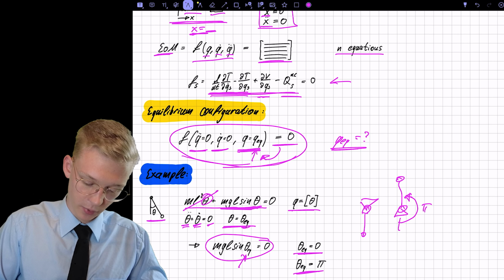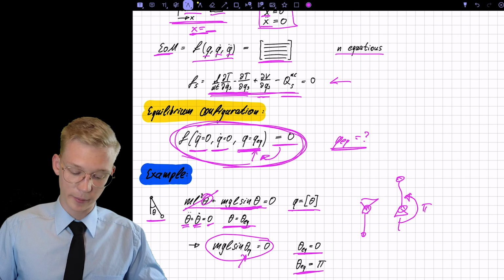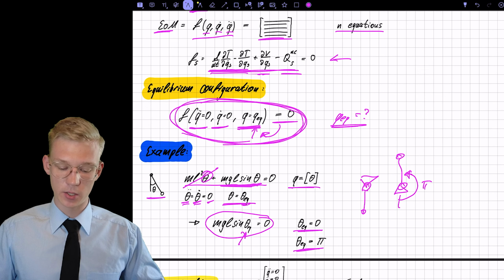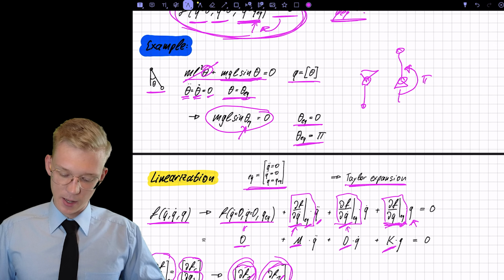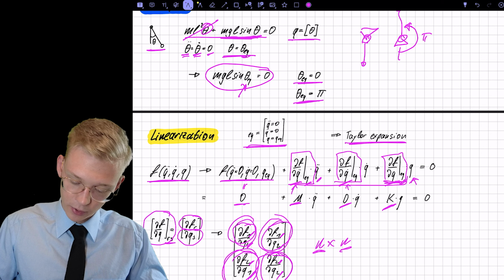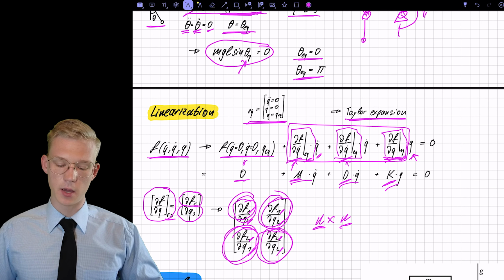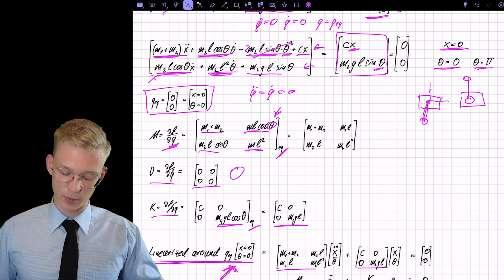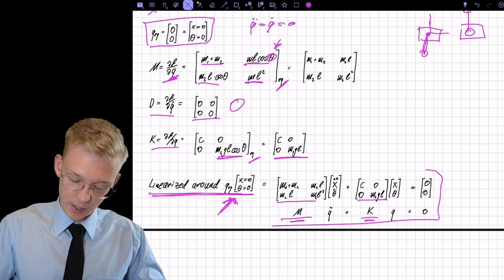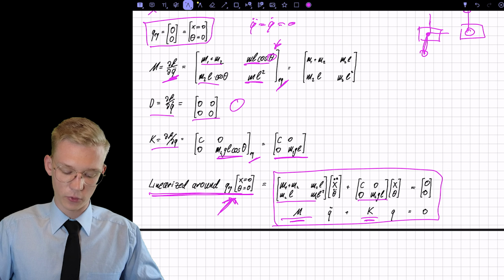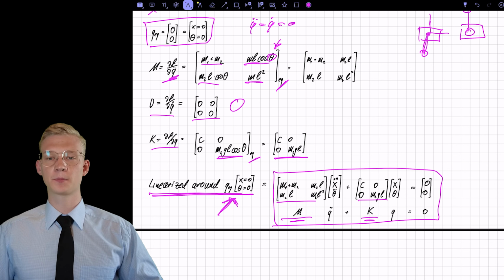This is the most important part: set q double dot to 0 and q dot to 0, and you will get the q equilibrium. Then you just do partial derivatives of your equation of motion to get the M, D, and K matrix. After that, you just put them together and you get your linearized equation of motion for one equilibrium position.